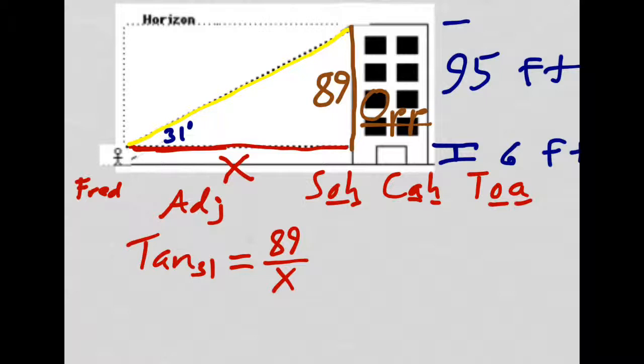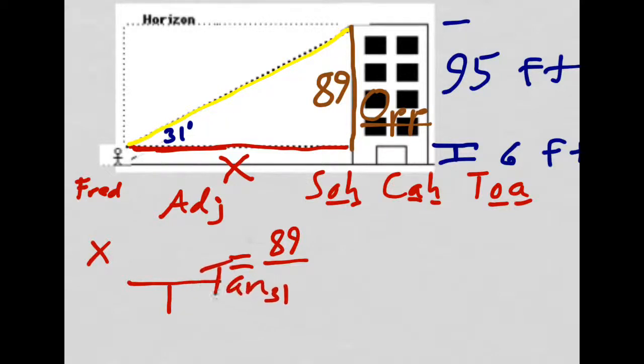Now here's something. When we cross multiply, remember, we're looking at this as this. Here's a dirty little secret that you can do. You can take your X right here, put it over here, and then take your tangent and move it down here.